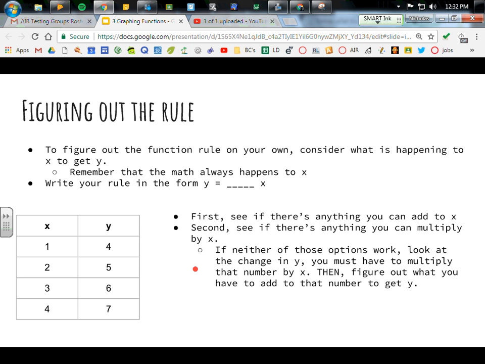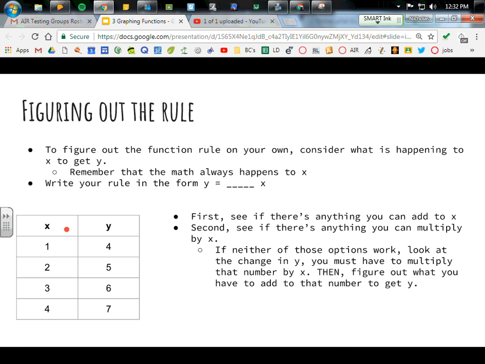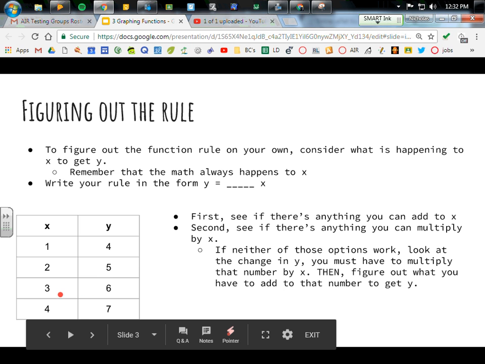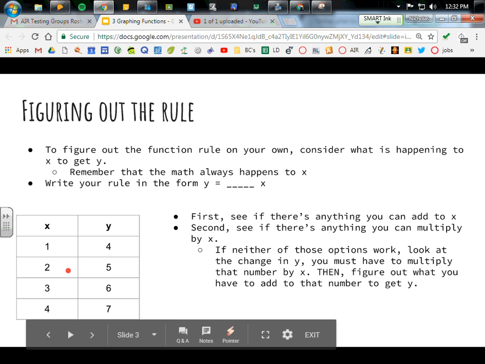Let's do a few examples. We can use this one first. This table has x is 1 and y is 4, x is 2 and y is 5, x is 3 and y is 6, x is 4 and y is 7. First, see if there's anything you can add to x to get y. Start with 1. 1 plus 3 would give you 4. For that to be the function, it would have to be true for all of these pairs.